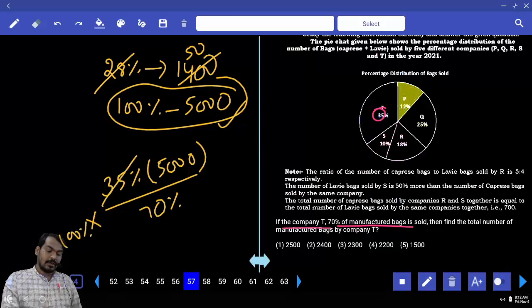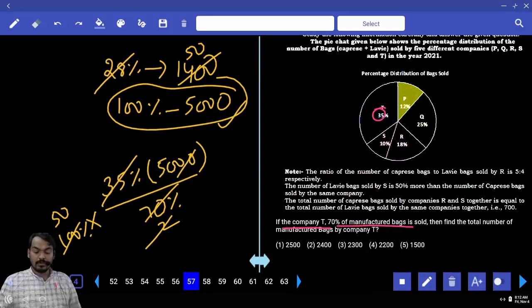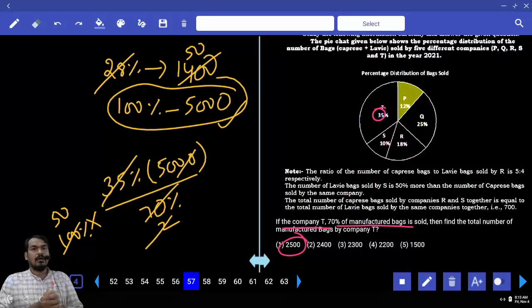Okay. 35 doubled is how much? 70. 2 is how many times? 50 times. The percentage's 2 zeros are cancelled. 50 into 50, 2500. Out of 100%, the 70% value is 35%. 70% is 35% means 100% is 50%.